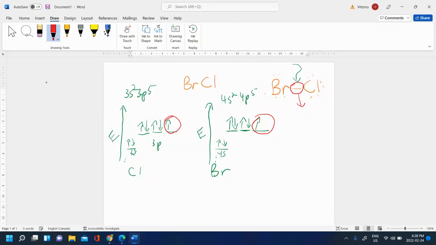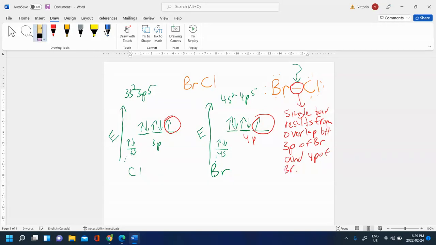So this single bond results from overlap between the 3p of chlorine and the 4p of bromine.